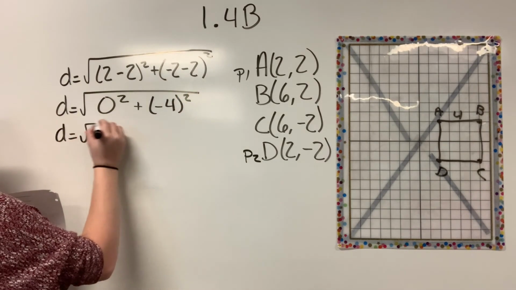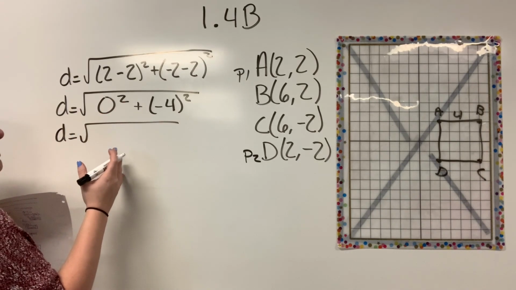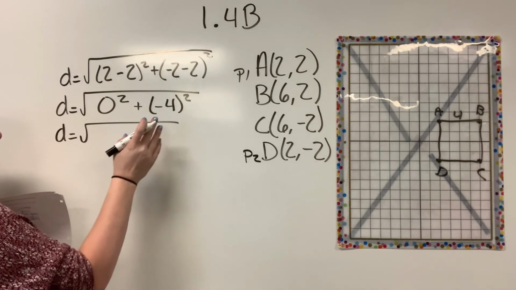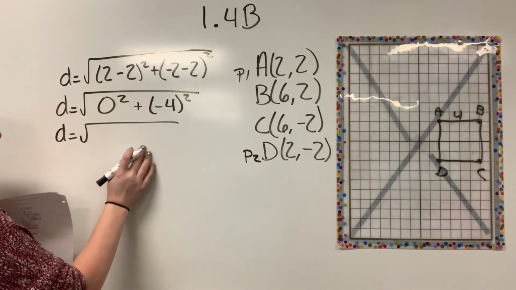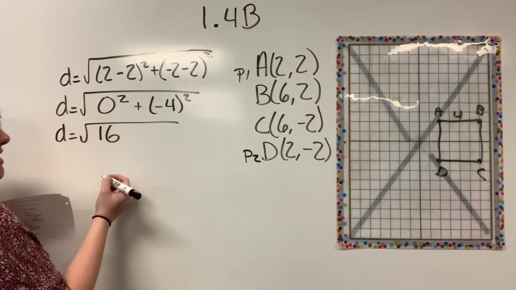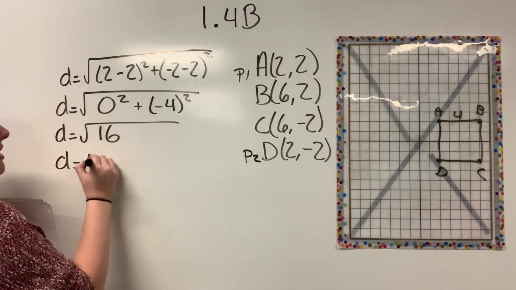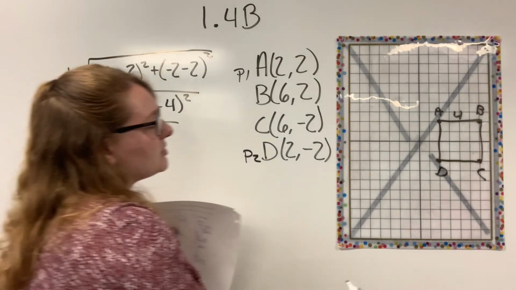D is equal to our square root of 0 squared, or 0 times 0, you're going to keep your 0, so I'm not going to write anything. -4 squared, or -4 times -4, gives you a +16. When we plug that into the calculator, the square root of 16 is exactly 4 units.